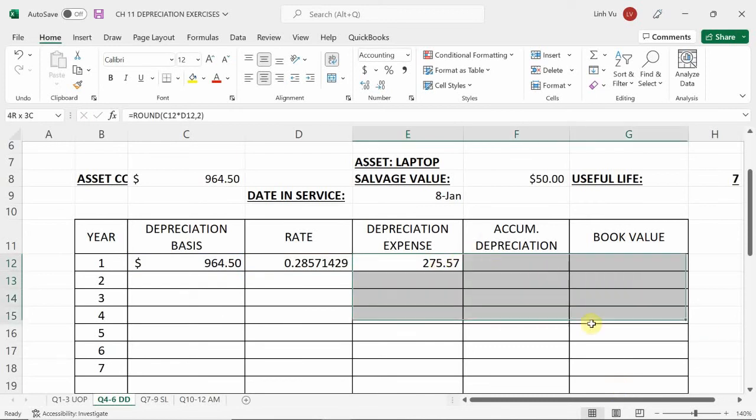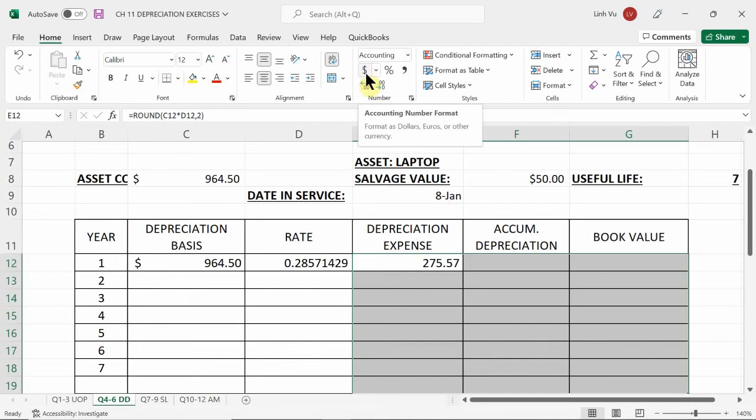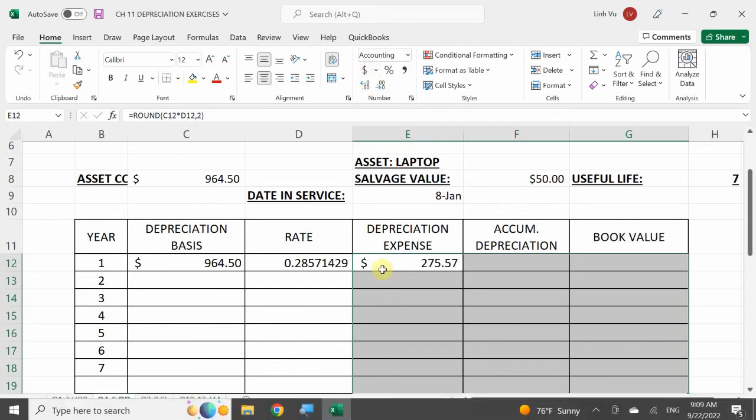Good. Now I have a question for you. Do I need to make any adjustments or changes to this depreciation expense?